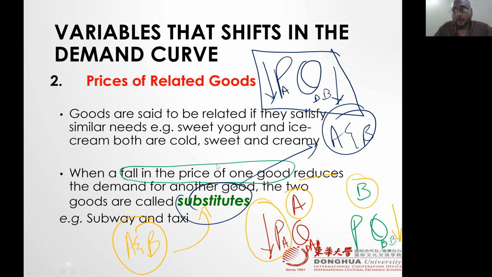When the fall in the price of one good reduces the demand for another good. So why is that? I think it's too messy. Let me redraw. So this is product A, this is product B.